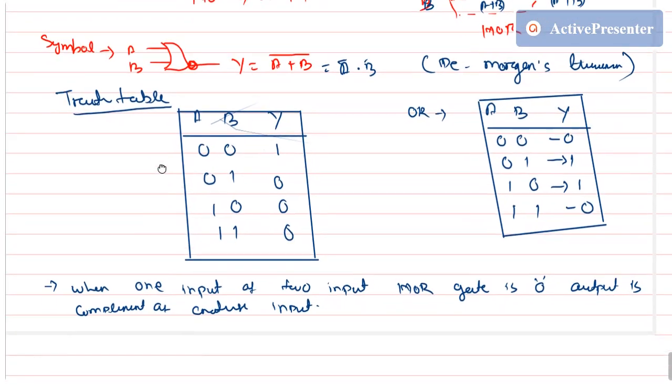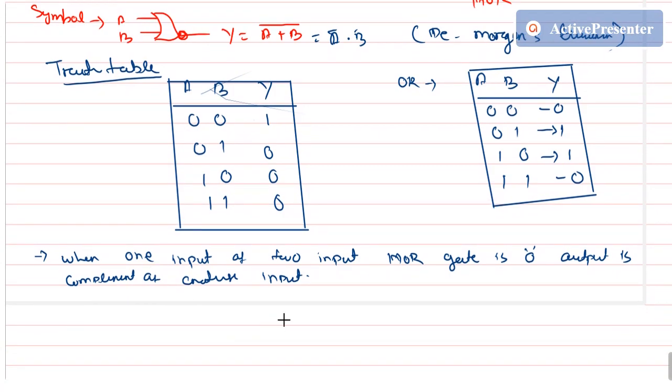Let us see what it is saying. If you have a NOR gate, and one of the inputs is connected to 0 and the other input is A, the output will be equal to A bar.